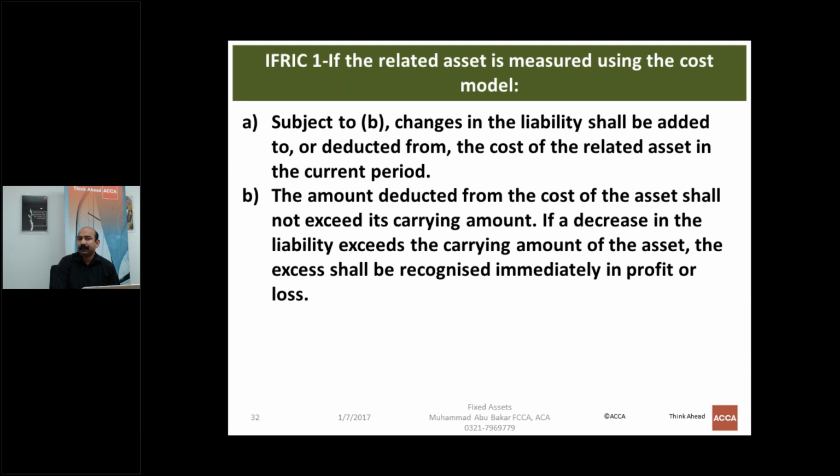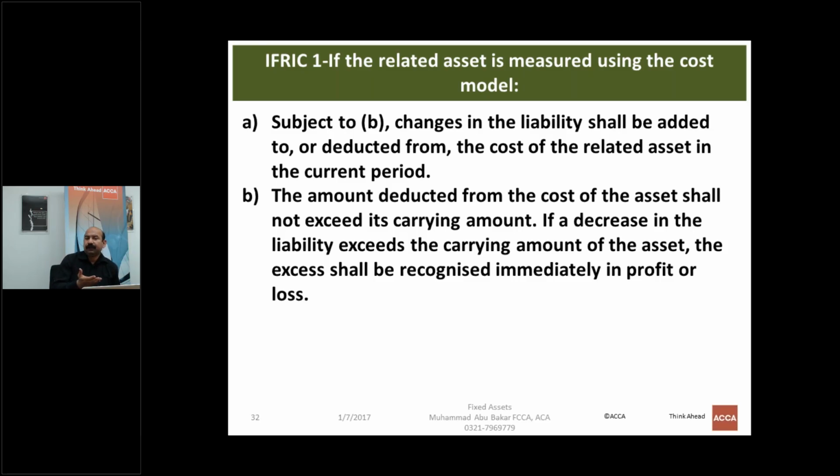Simple principle. The second effect of an increase or decrease of restoration and dismantling liability will go to the fixed asset account. Only you need to take care that the amount deducted from the cost of the asset shall not exceed its carrying amount. Very basic principle that you cannot make your asset negative.